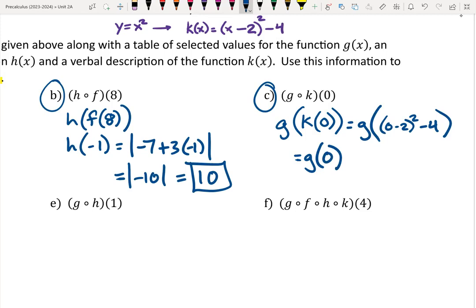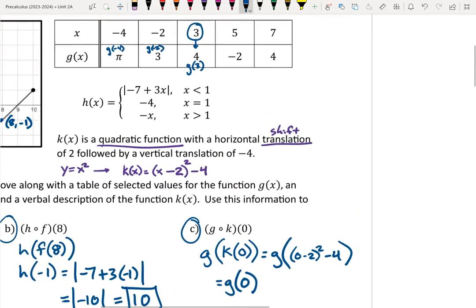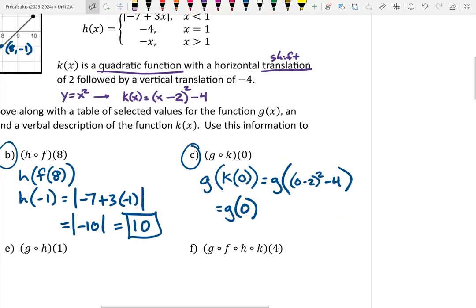All right, what do we look at now? G. Which one is G again? All right, so we want to know what is G when x equals 0. But looking at your table, do we see x equals 0? No. So what did I highlight over here again?